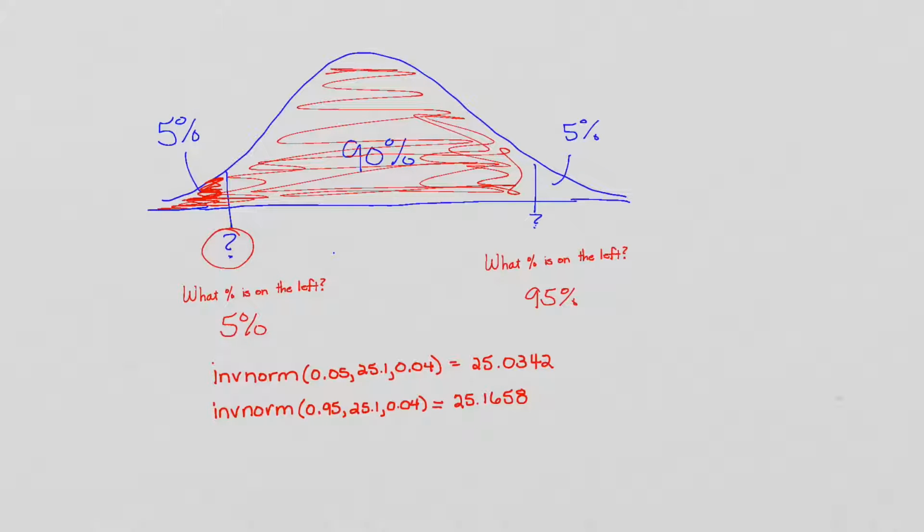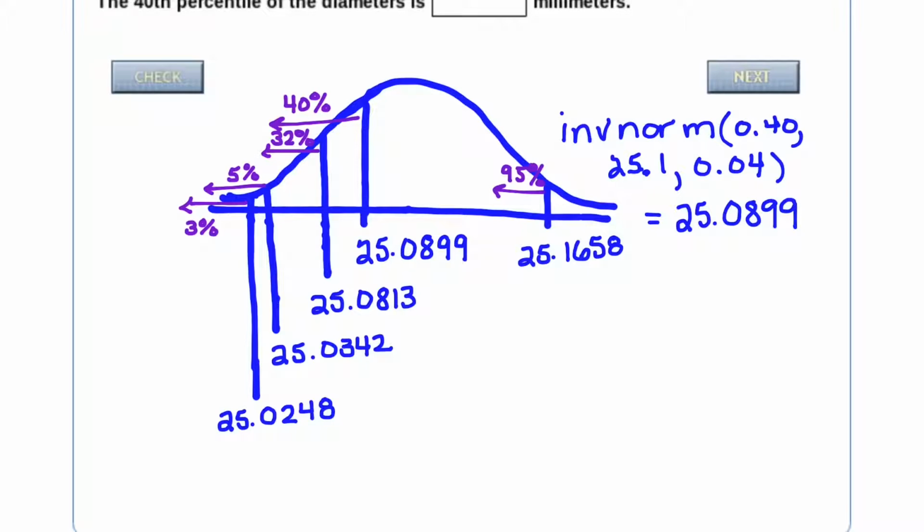Now, I'm going to go back to the first screen and let's take a look at where all these values fall relative to each other. Here we can see a summary of all the results of this problem. The first one, the 40th percentile, turned out to be 25.0899. 40% of values fall below that value.